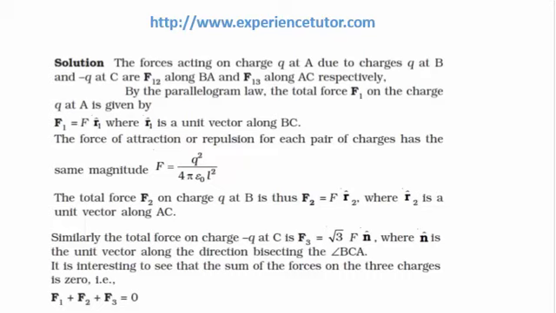Similarly, the total force on charge minus q at C is F3 is equal to root 3 F n, where n is the unit vector along the direction bisecting the angle BCA. It is interesting to see that the sum of the forces on the three charges is 0, that is F1 plus F2 plus F3 is equal to 0.